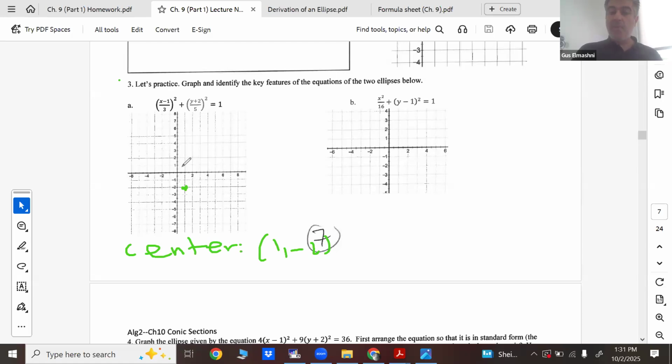And now I have to go carefully, because the way it's written, B is 3 and A is 5, because I didn't square the bottom. I have parentheses around the whole fraction. So I have to go 3 left, 3 right, and 5 up, 5 down.